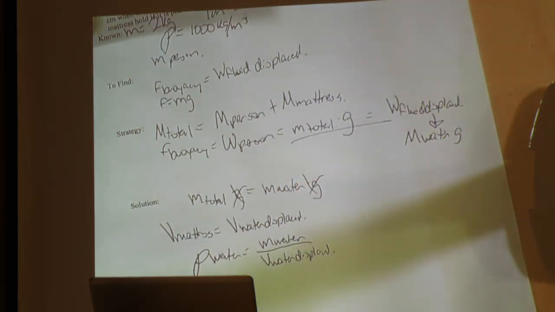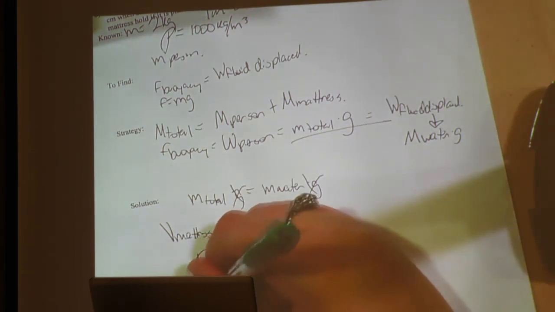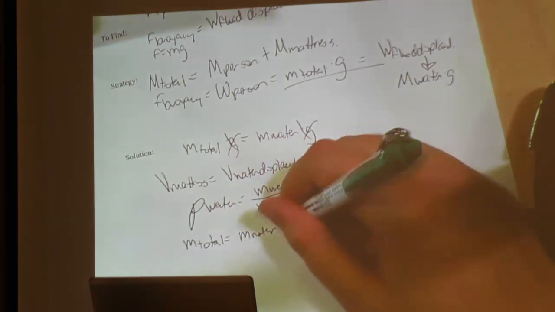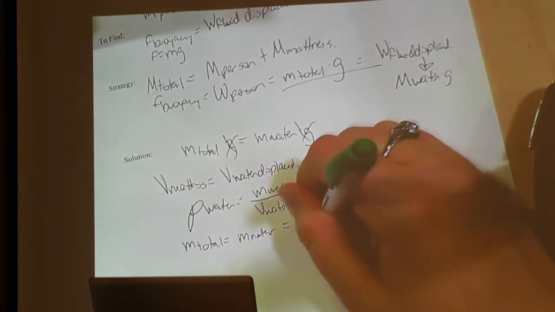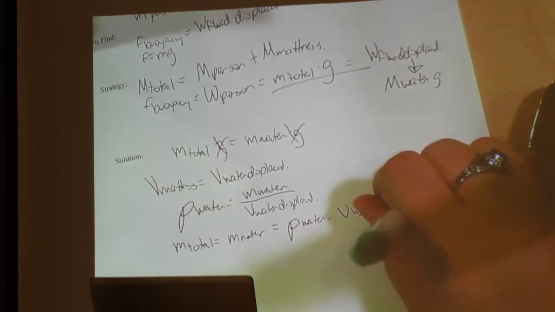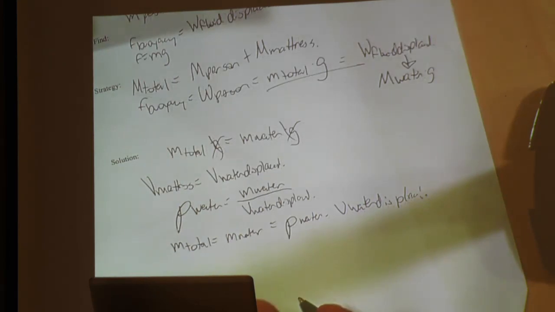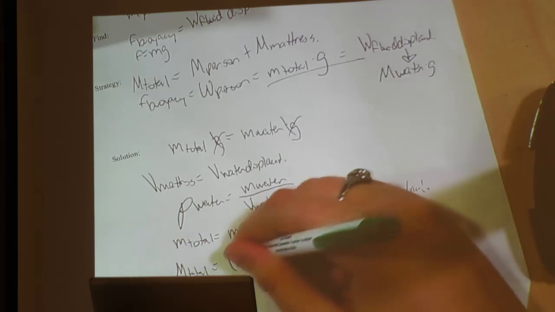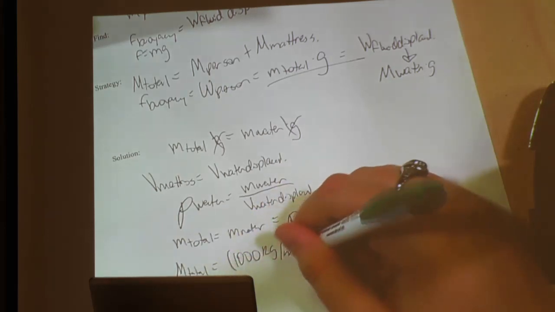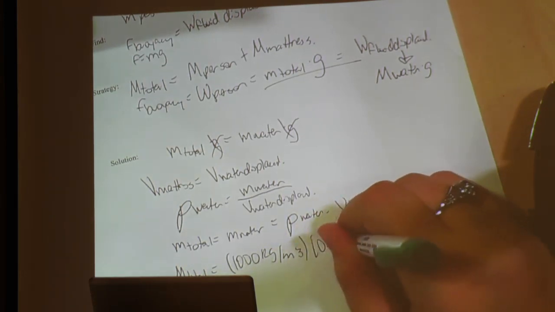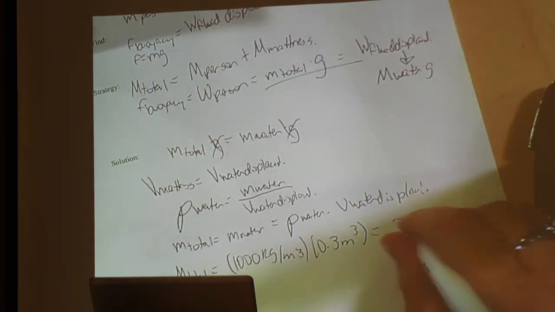We already covered that the mass total is equal to the mass of water, which is equal to the density of water times the volume of water displaced, right? So if we know that, then we can find that the mass total is equal to 1,000 kilograms per meter cubed times 0.3 meters cubed, and that will give us 300 kilograms.